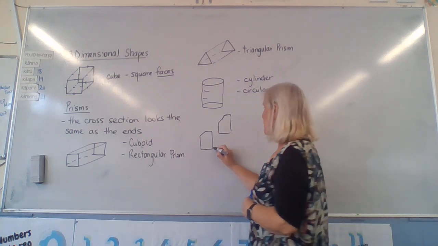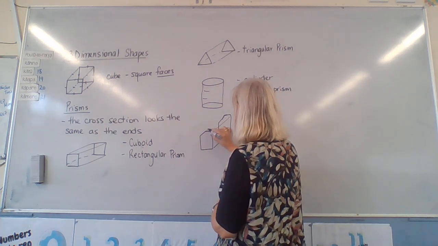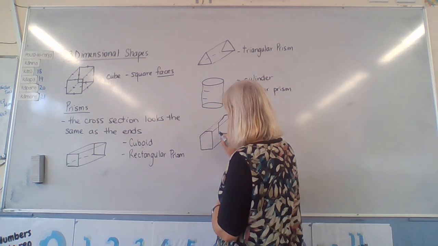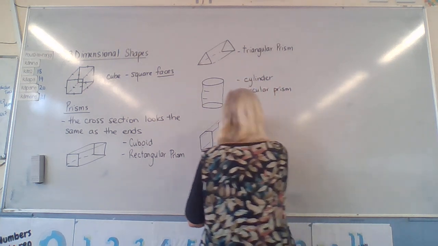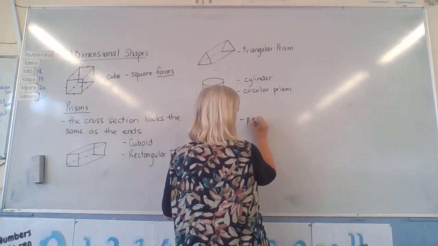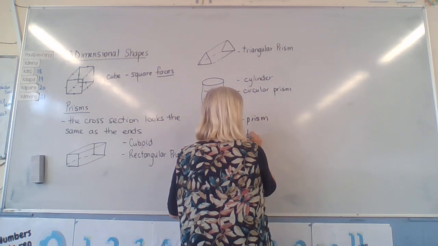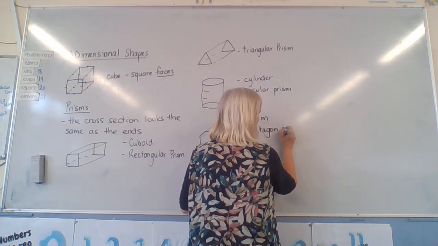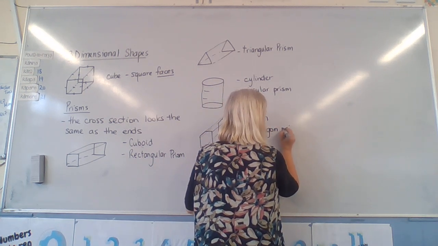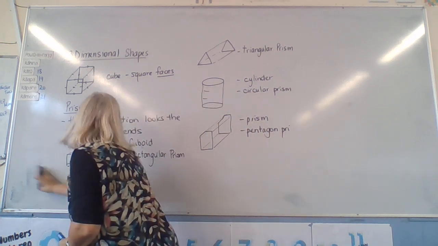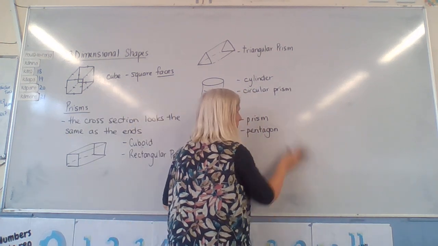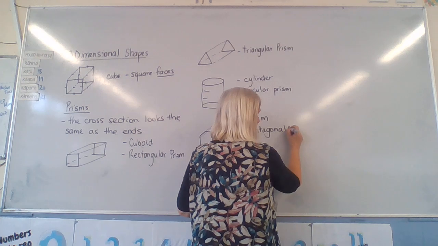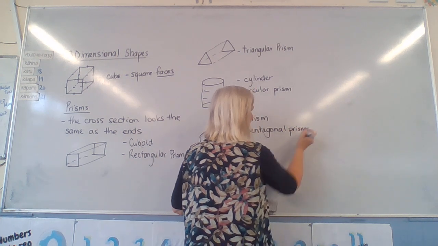A pentagon. So, technically its name would be a pentagonal prism, but we can just call it a prism. But if we were trying to be precise, it's got a pentagon on the ends, so that's a pentagonal prism.